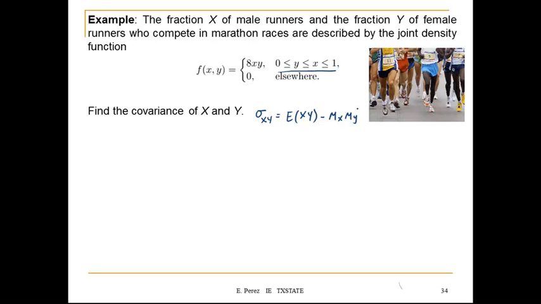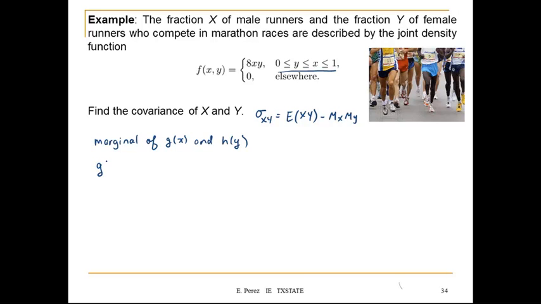So the first thing we have to do is find the marginals of x and y, g(x) and h(y). The only thing we have right now is the joint density. If we want to find the expected values for x and y, we need their marginal distributions. So that's the first thing we're going to do.